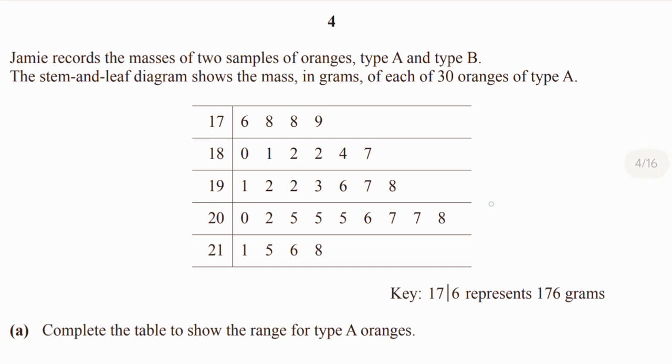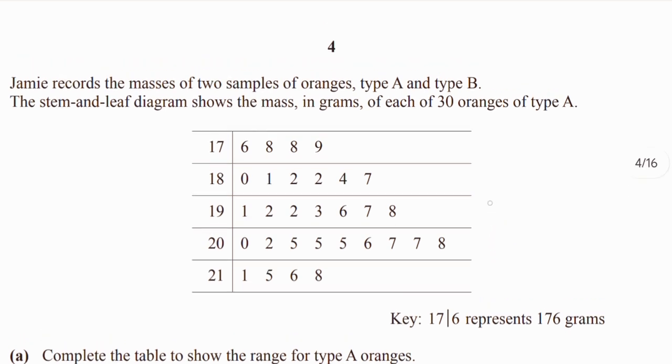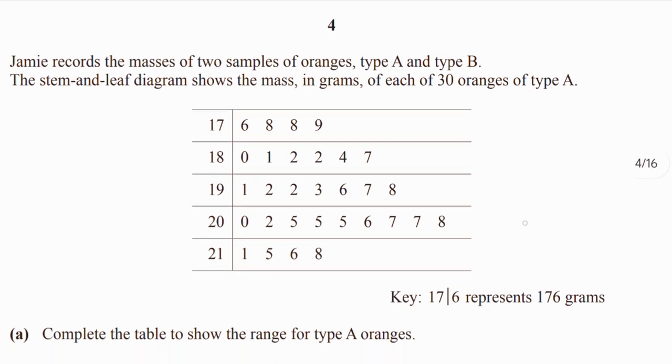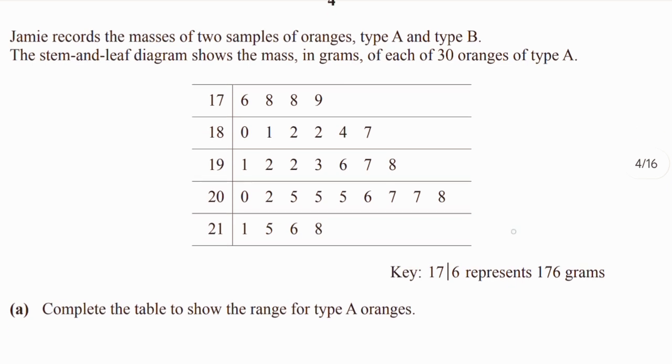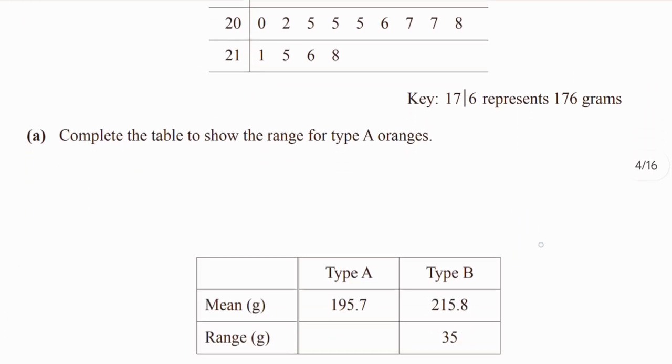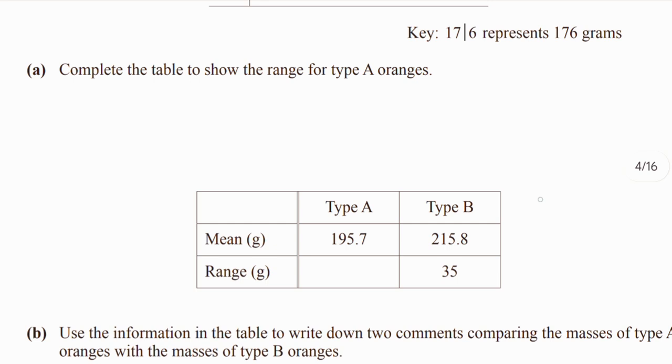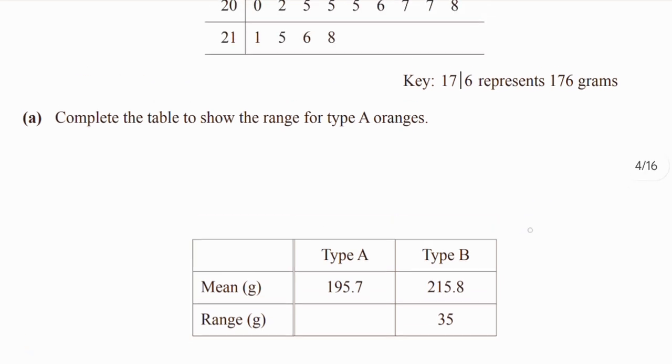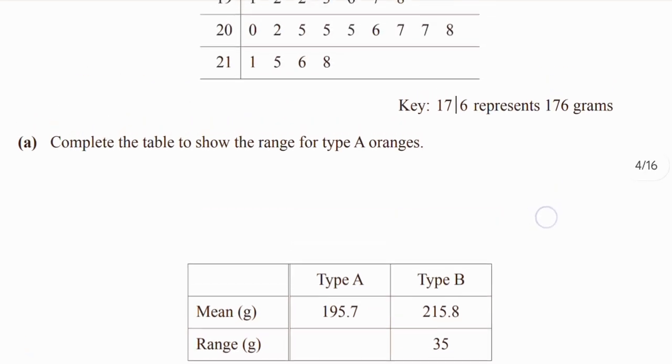Jimmy measures the masses of two samples of oranges, type A and type B. The stem and leaf diagram shows the masses of 30 oranges of type A. Okay, so complete the tables given for orange A. For orange A, we need to find the range.